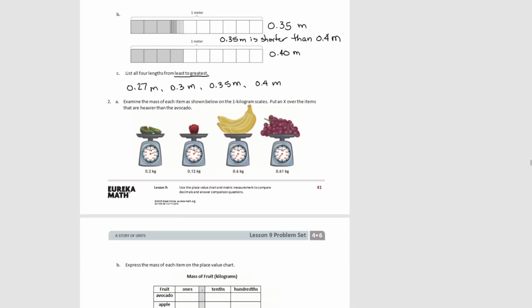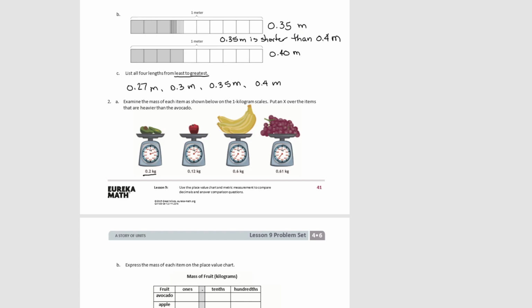For 2A, it says to examine the mass of each item as shown on the 1 kilogram scales and put an X over the items that are heavier than the avocado. So take a moment and do that. So the avocados weigh 2/10 of a kilogram. So the apple we see is 12/100, but it's 1/10 and 2/100, so that would be less.